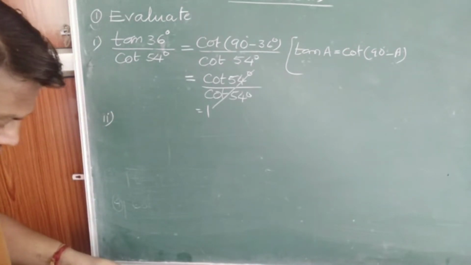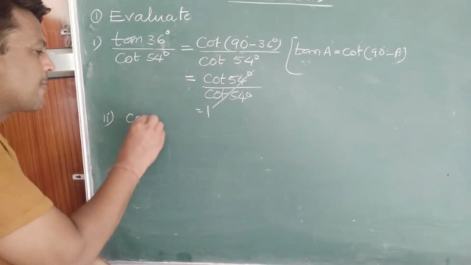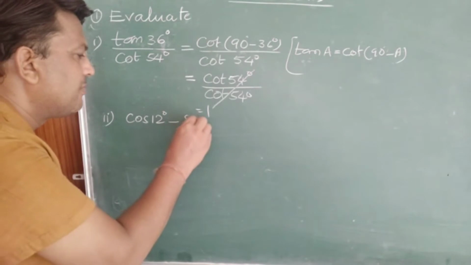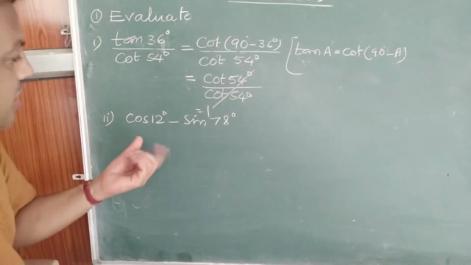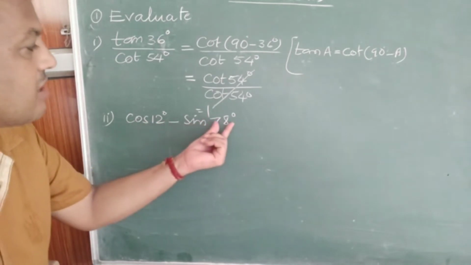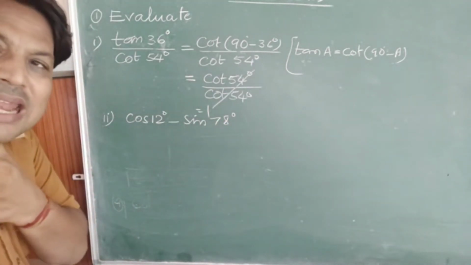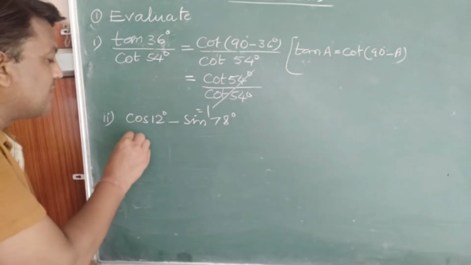So part number 2. What is part number 2? Cos 12 degree minus sin 78 degree. You have to identify whether the given angles are complementary or not. 12 plus 78 is again 90. So these two angles are complementary.